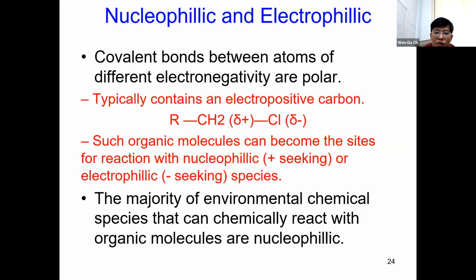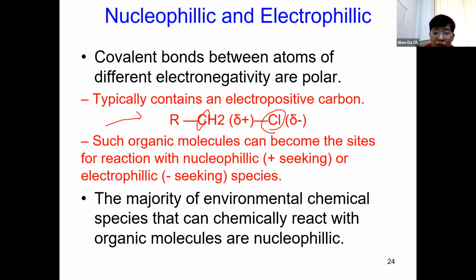These two different atoms may have different electronegativity. When they have different electronegativity, they will cause polarization of the charge itself. One example is shown here. Let's say you have a molecule containing this chlorine group, and you have carbon bonded to the chlorine.